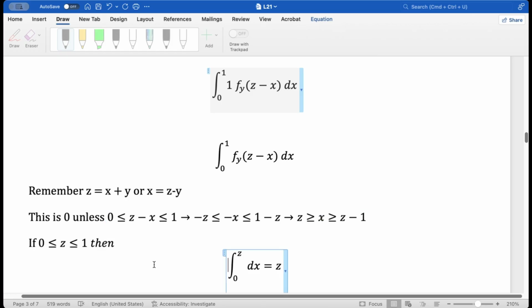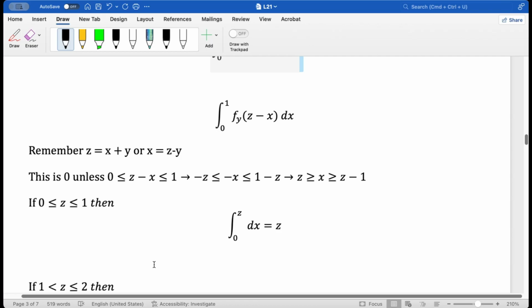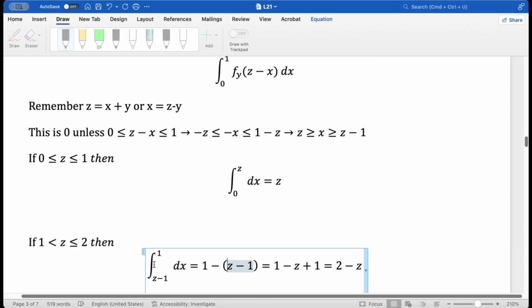Now, the next case is where z is between 1 and 2. If z is between 1 and 2, x can't be extremely small. So we're going to have a variable limit there on the lower bound here.